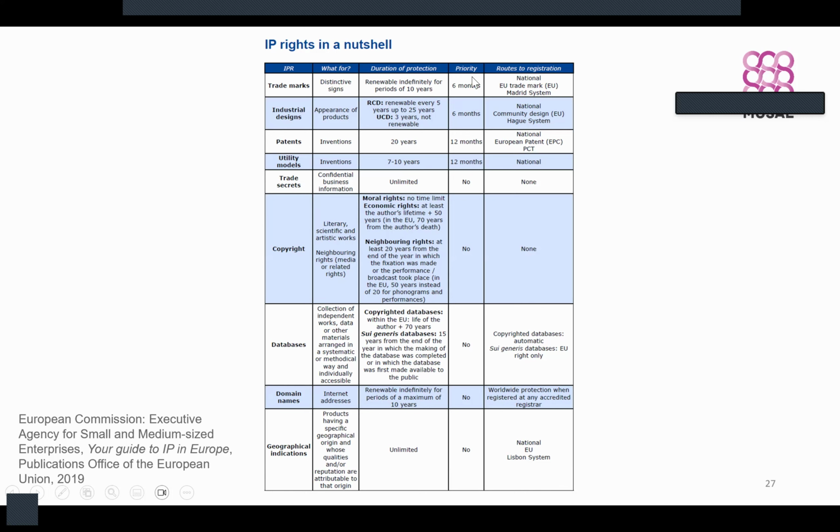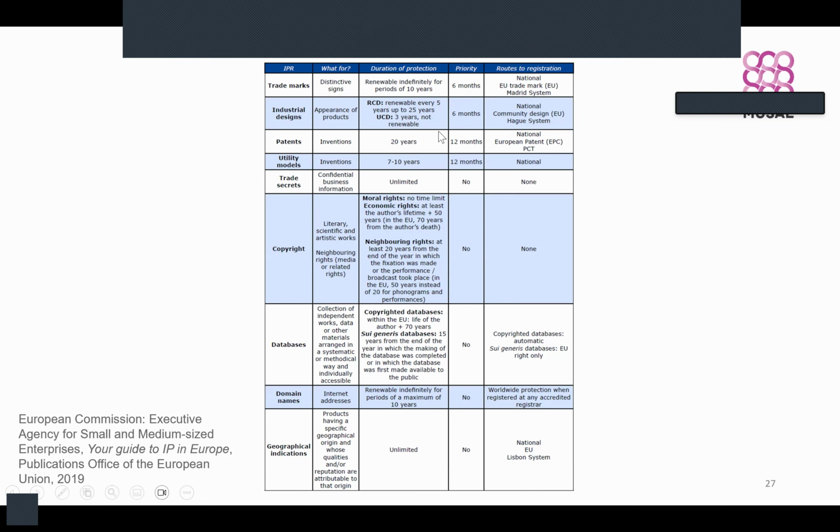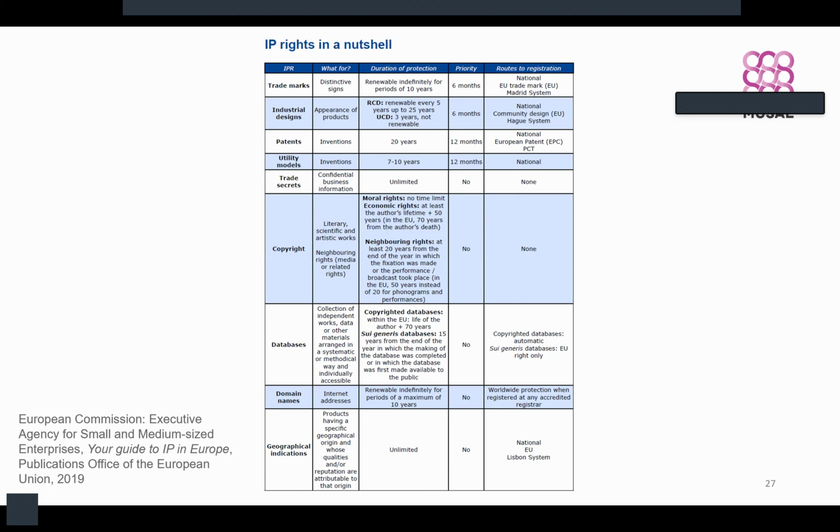Priority is the first time you file your patent, for example, because I will show you later an example of the long story of a patent we have done at European level that took 2 or 3 years in the end. But somehow the first time you file the information, you ask for the patent, you stop the time.